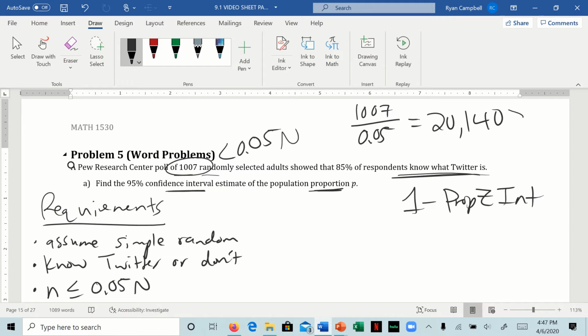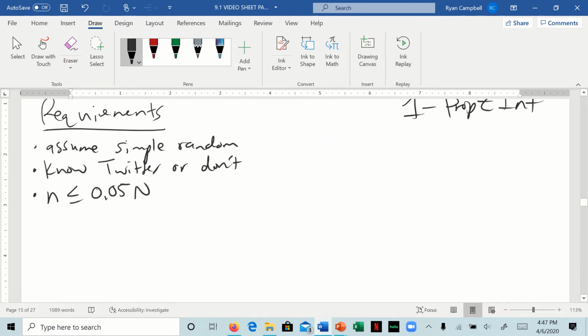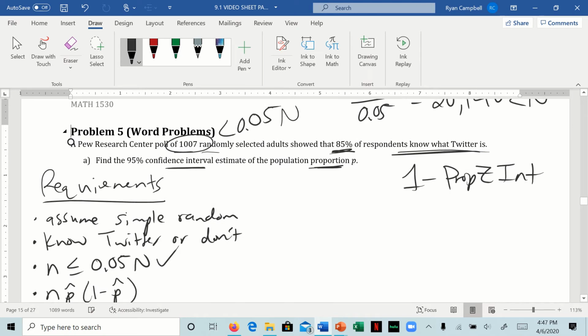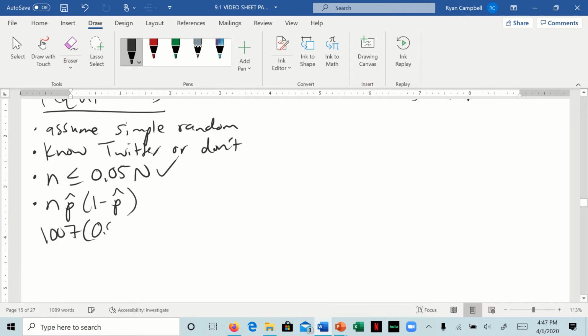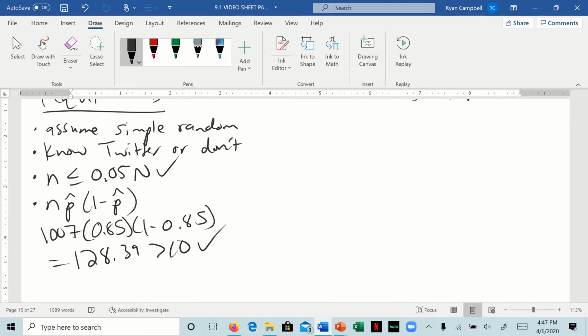There's definitely more than that many people in the nation, so our sample size is definitely less than 5%. And then we get our other formula. N was 1,007, p hat is 0.85, and then 1 minus 0.85. When we plug that into the calculator, we get about 128.39, which is definitely bigger than 10. All the requirements check out.